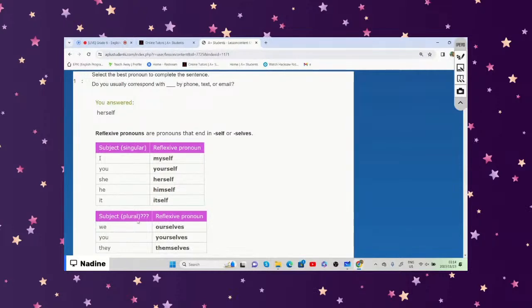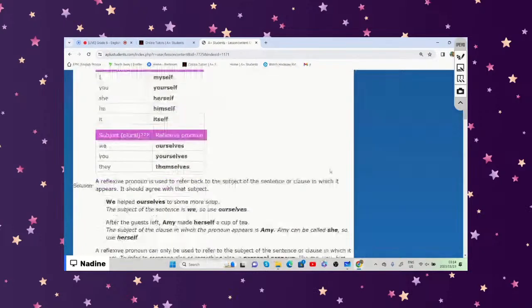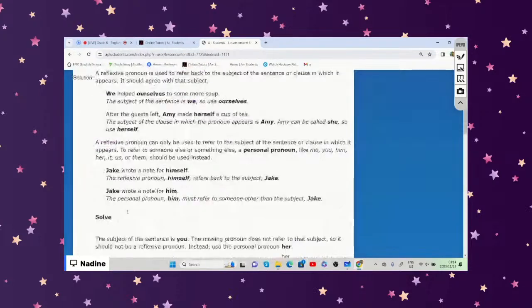And our plural subject they is themselves. And these are called reflexive pronouns, which end in self or selves, self referring to singular, and selves referring to plural.